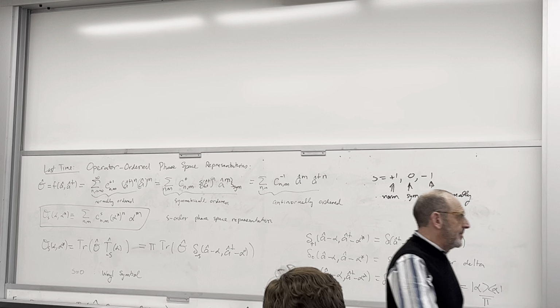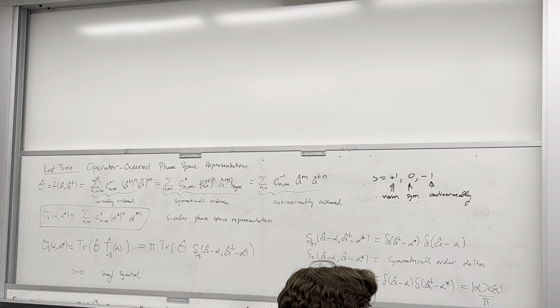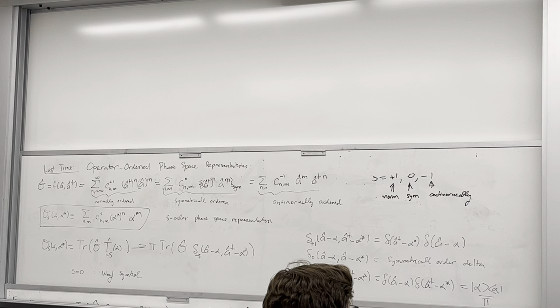So we have to think about that a little bit. And to do that, the best way is to think about the characteristic function. You remember the characteristic function is the Fourier transform of the quasi-probability.